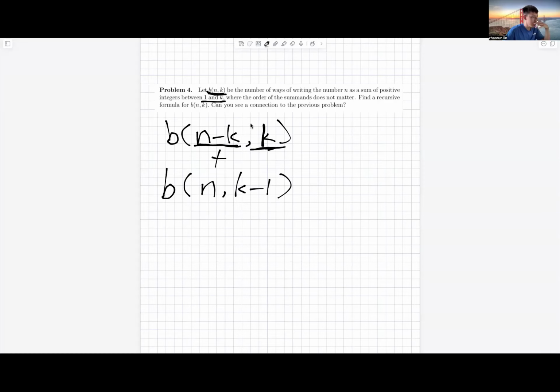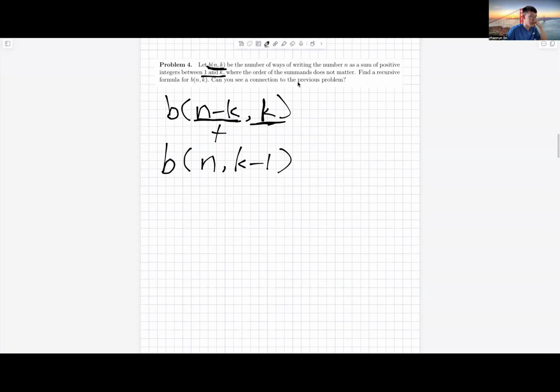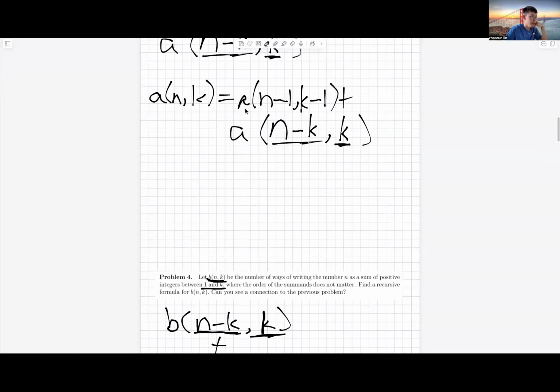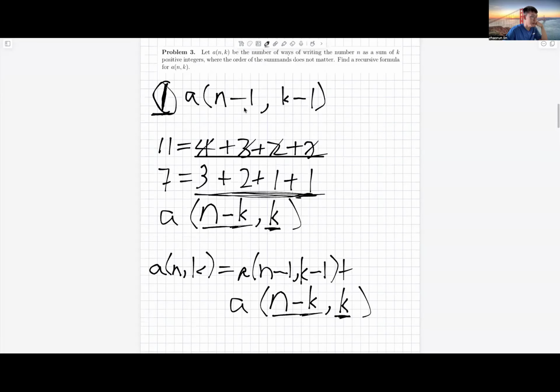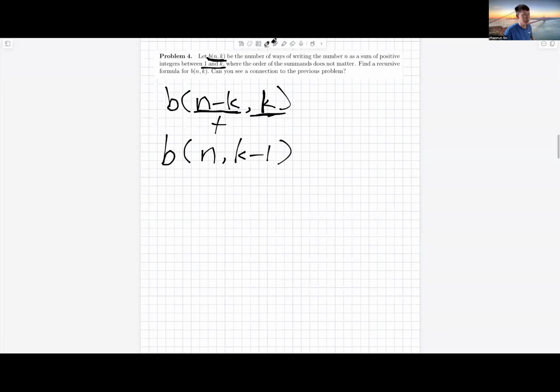And to see the connection of this problem 4 to problem 3, we have to consider a diagram called a Young diagram. So what is a Young diagram? Let me write the sum first.